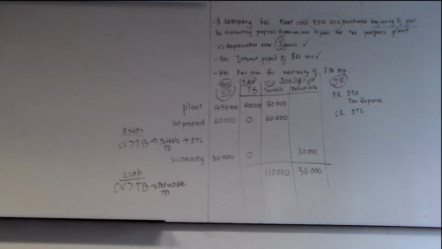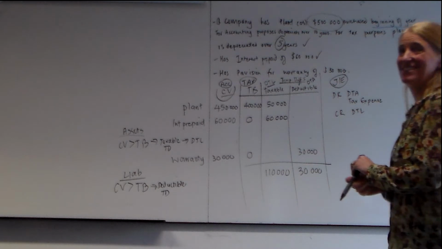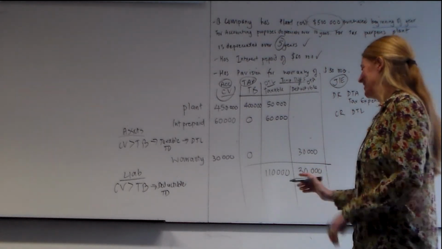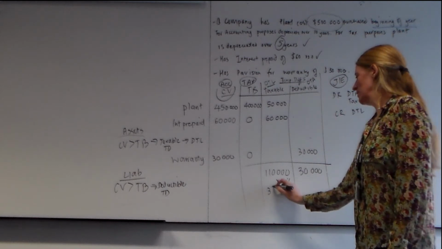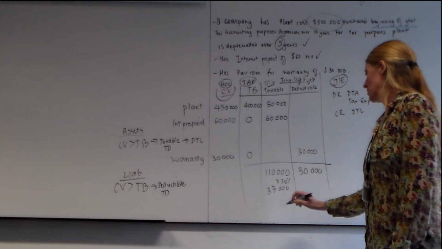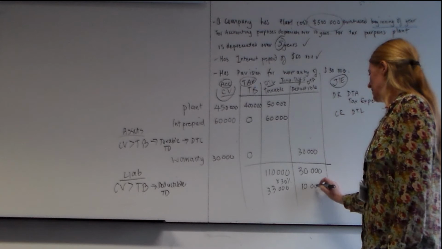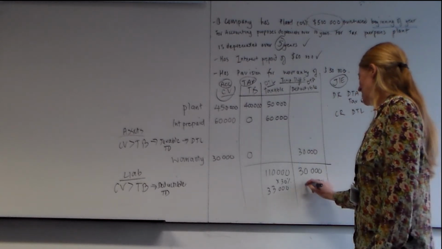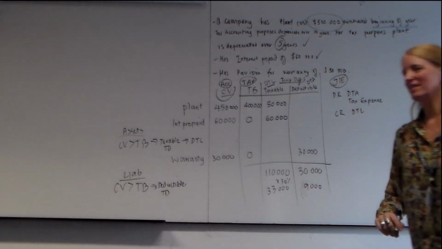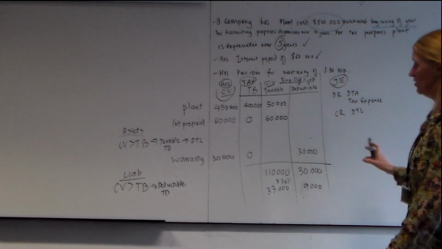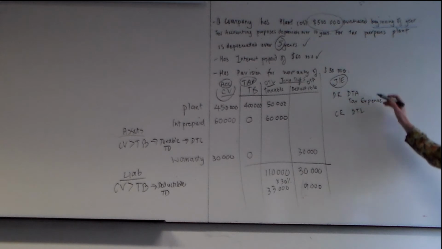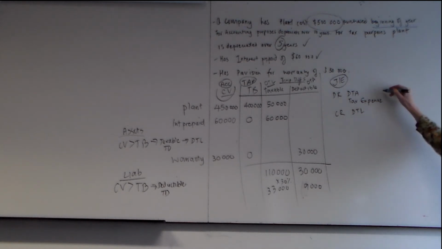What do we do now? Okay, that's going to be? This is going to be? And basically, based on that, assuming there are no opening balances, this is going to be 9.